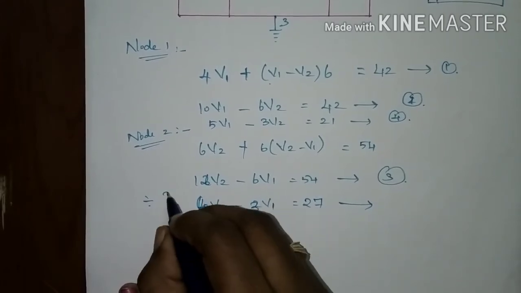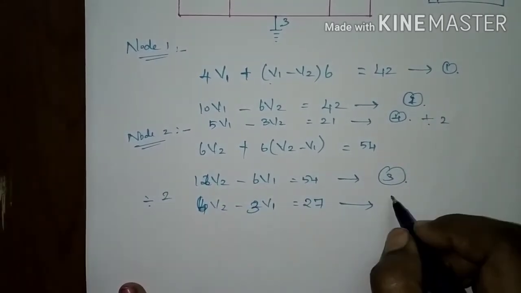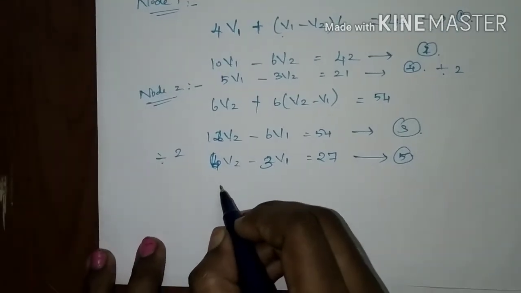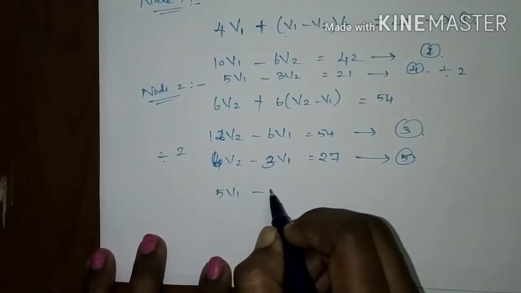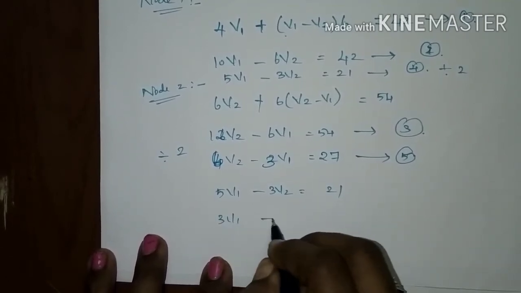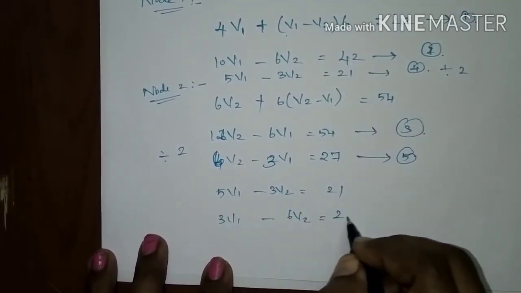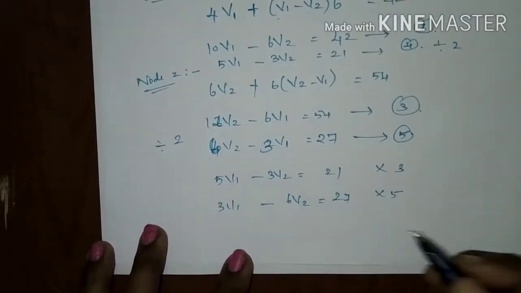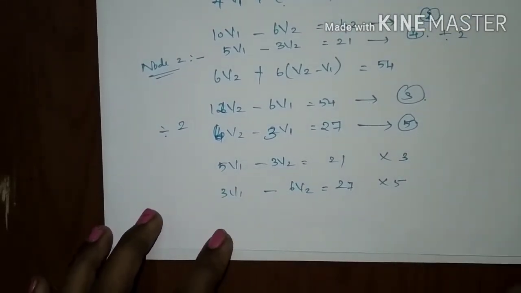Divide this equation by 2 and divide this equation by 2. So, the two equations are 5 V1 minus 3 V2 is equal to 21 and 3 V1 minus 6 V2 is equal to 27. Multiply this equation by 3 and this equation by 5, and you can eliminate the value of V1.